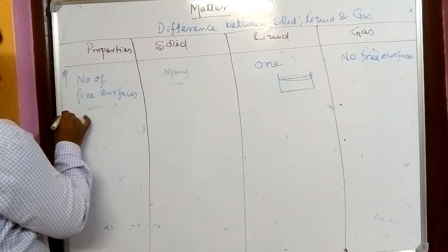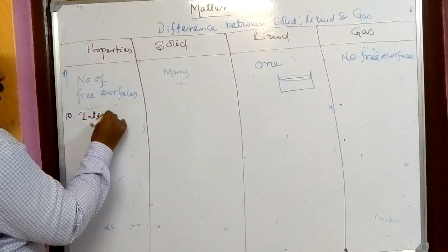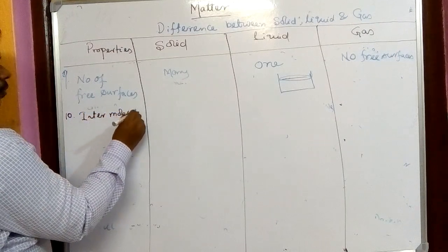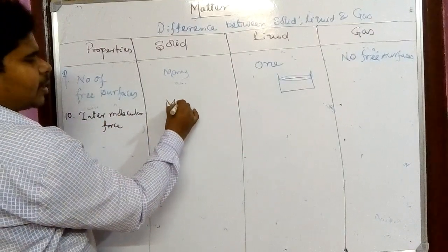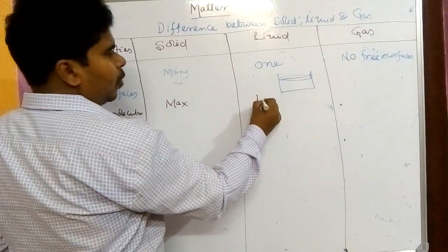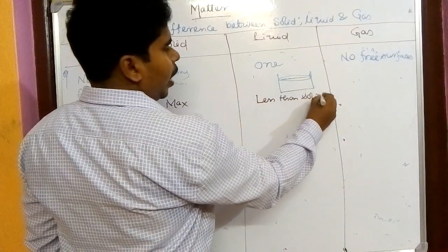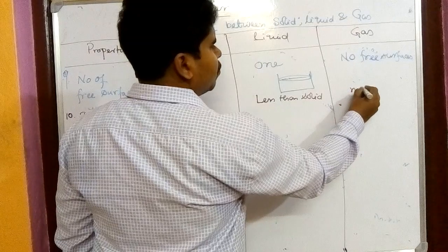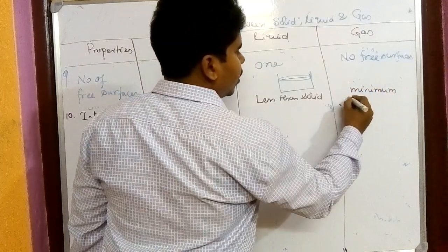Now I am talking the next part, that is intermolecular force. For solid it is maximum, for liquid it is less than solid, and for gas it is minimum, or you can say negligible.